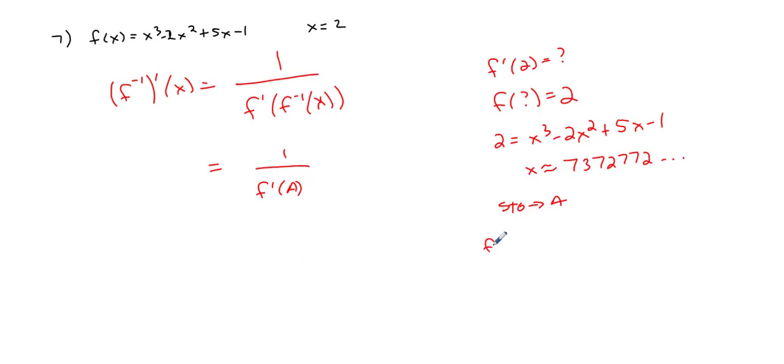Well, f prime is 3x squared minus 4x plus 5. Substitute a into this, and all you have to do is type in your calculator, guys: 3a squared minus 4a plus 5.